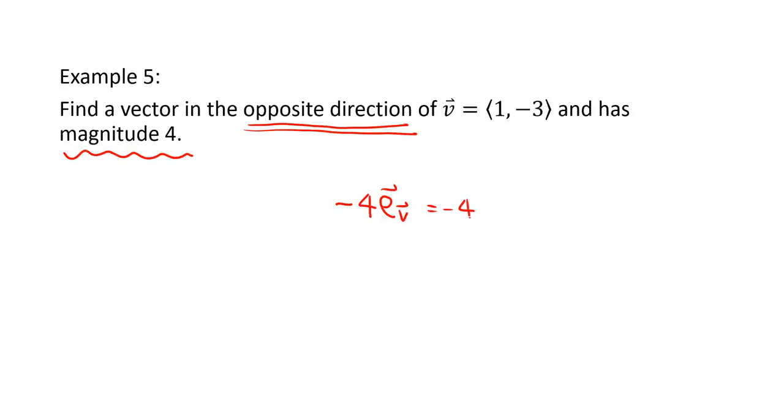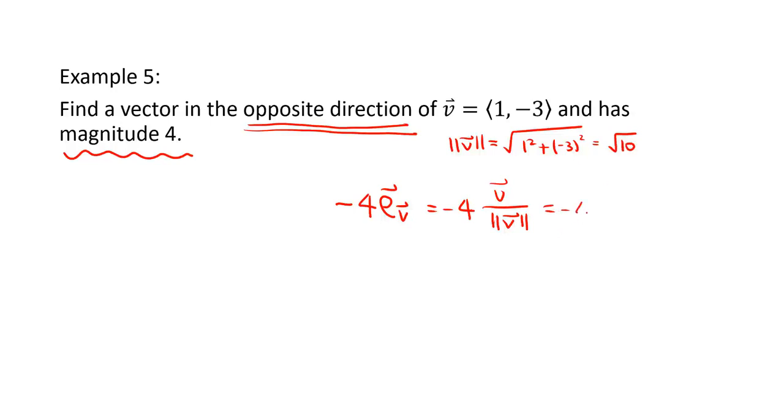And our unit vector, again, is v over the magnitude of v. That's what we want to compute to find the opposite vector with magnitude 4. So my magnitude of vector v, again, 1 squared plus negative 3 squared would be 1 plus 9, that's 10.